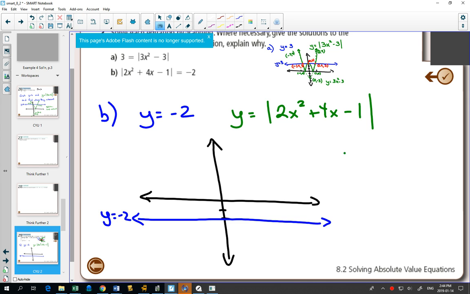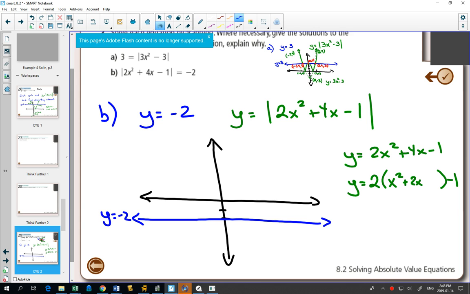If I wanted to graph 2x squared plus 4x minus 1, what do I have to do? Put it into that other form, right? What's the technique? Complete the square. So we're going to factor the 2 out of the first two terms and leave a space with the minus 1.